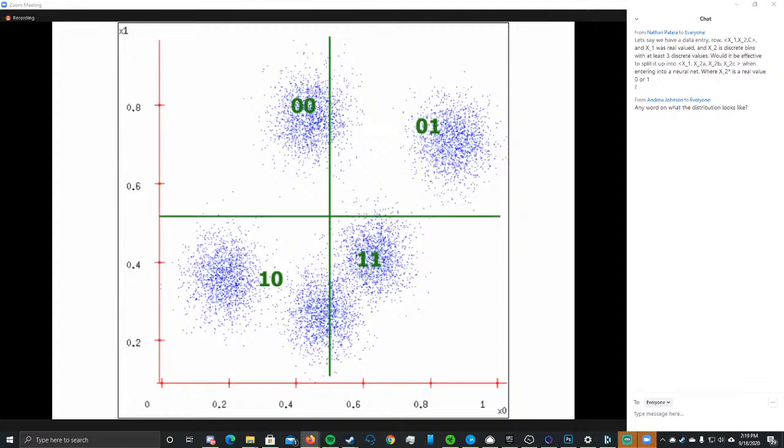And if you look at the upper left quadrant, the 00 is not too bad. When you move to the right, 01's not bad, but it's starting to get a little bit off, mostly because of these points here that have crossed over to this right-hand partition that really belong to that cluster there.